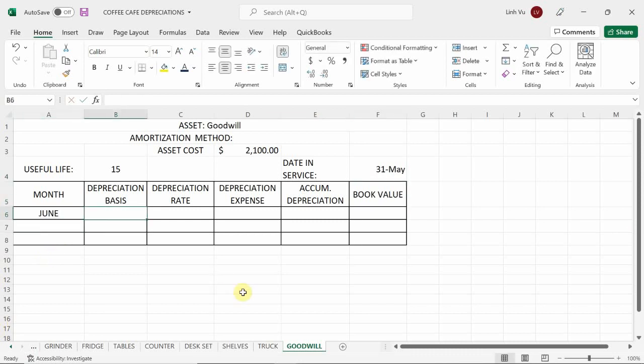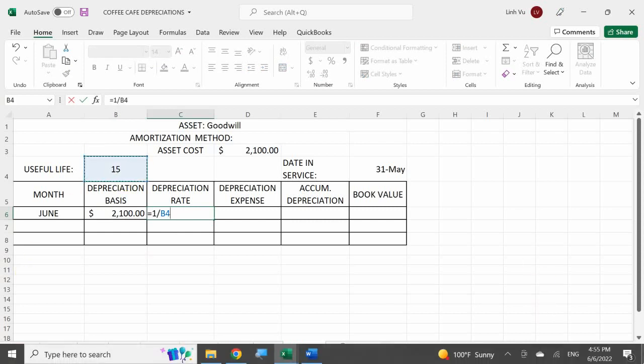In this case, there is no salvage value. When we do amortization, it functions exactly like straight line depreciation, where it's asset cost minus salvage value. Amortization doesn't have a salvage value, so the depreciation basis is just the asset cost of $2,100. The amortization rate is still the same thing, 1 over its estimated useful life of 15.